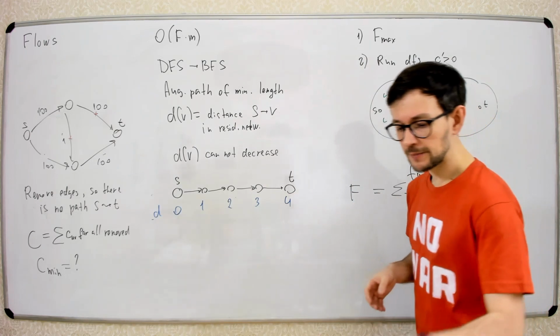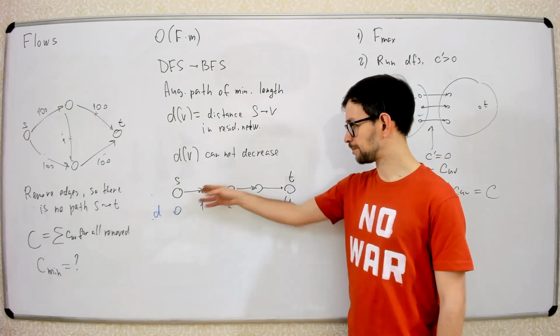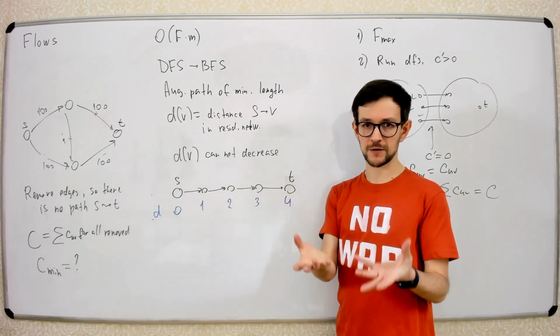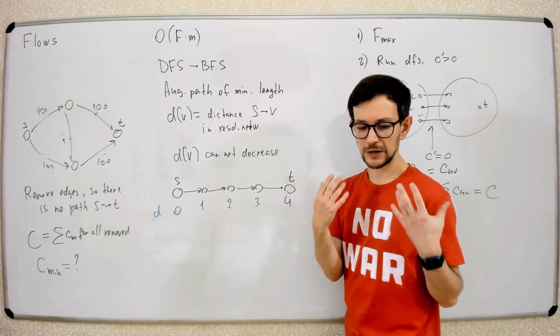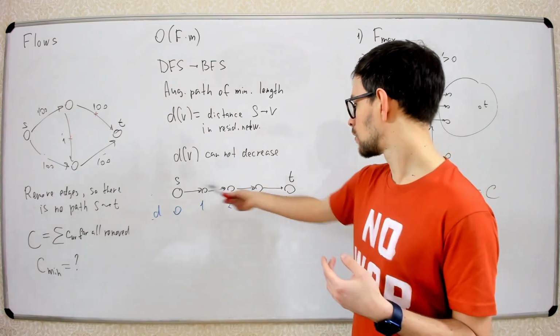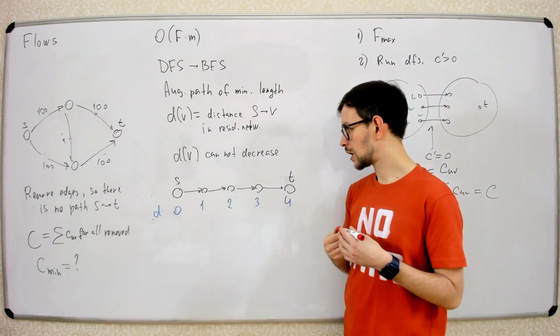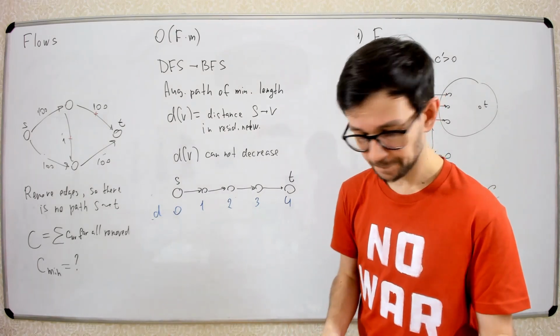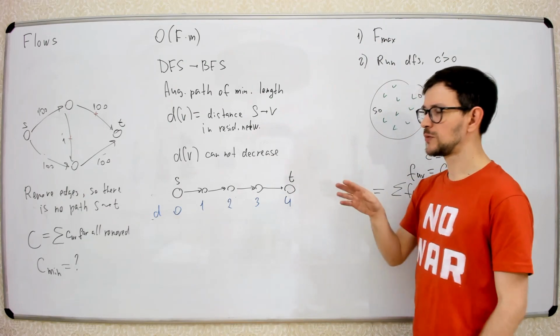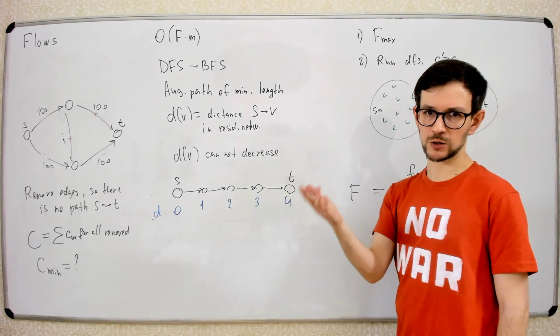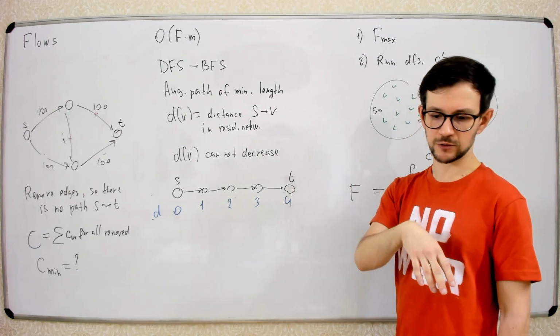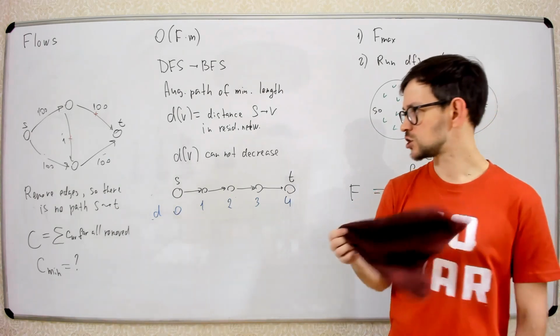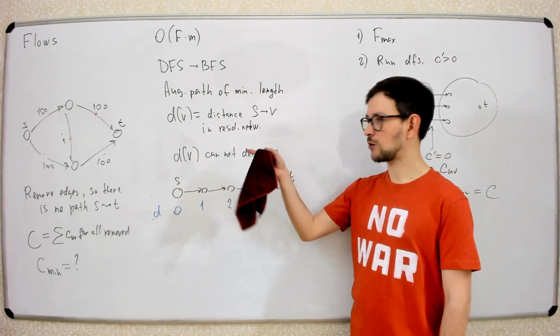Now, what happens? We apply this augmenting path to our flow. So we increase the flow over these edges. What will happen to our residual network? Which edges will be removed from the residual network and which edges will be added to the residual network? So what changes will be made to our residual network?